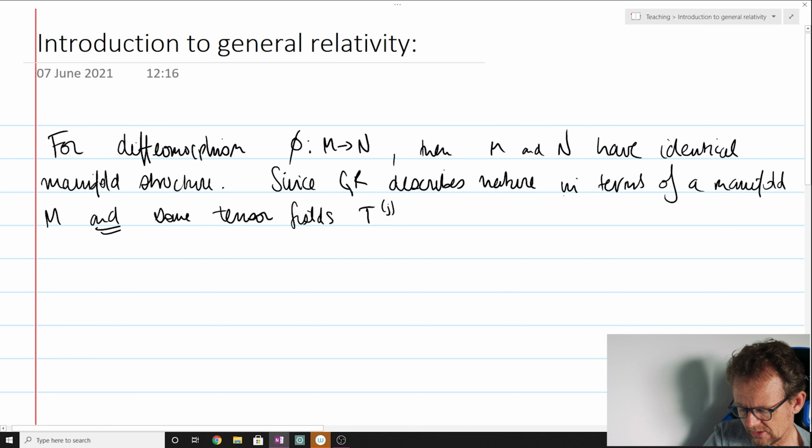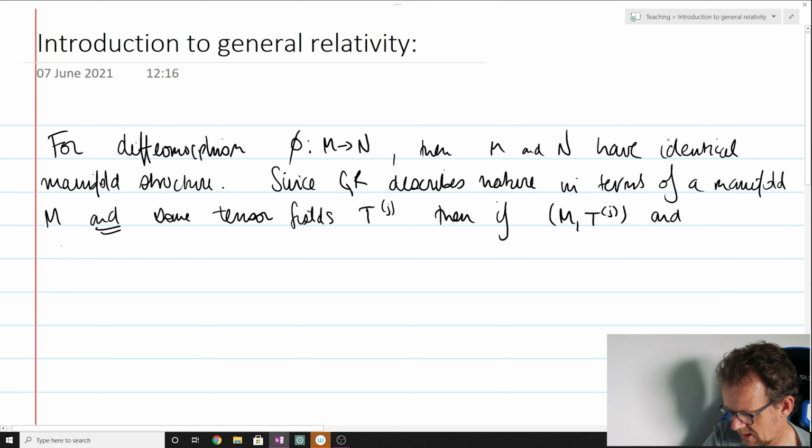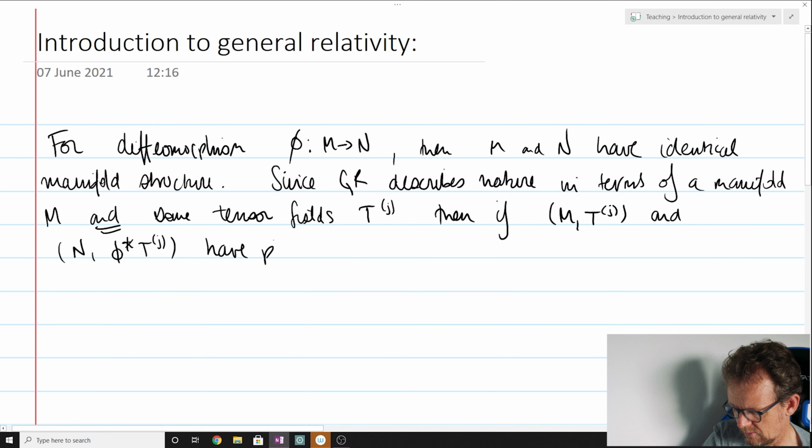So since general relativity describes nature in terms of a manifold and some tensor fields, let's write them T^j, just a list of tensor fields.